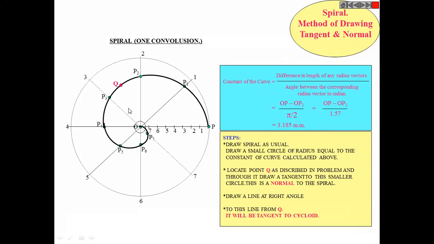Now from the given point, draw a tangent to this smaller circle, which will be a normal to your spiral. Understood? And the line perpendicular to it will be a tangent to the spiral.